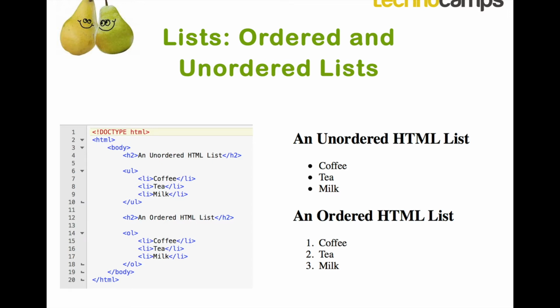The important thing to note is that whenever you want to add an item to any of your lists, you need to use that LI tag. So let's say I wanted to add biscuits at the bottom of this UL list. I would click onto a new line and then type in LI biscuits and then close the LI tag.